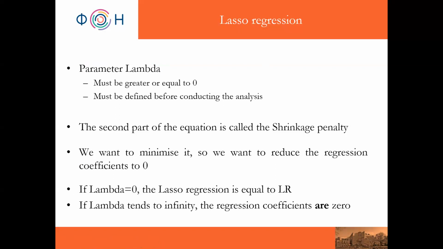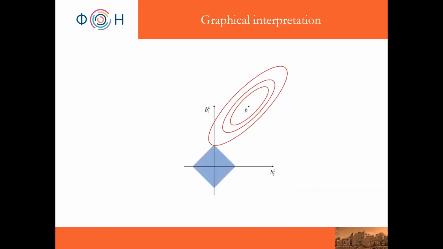Within lasso regression, it is easier for an estimate to take a value of 0 than it is within ridge regression. So again, our procedure for finding a good value of lambda is going to be through cross validation.